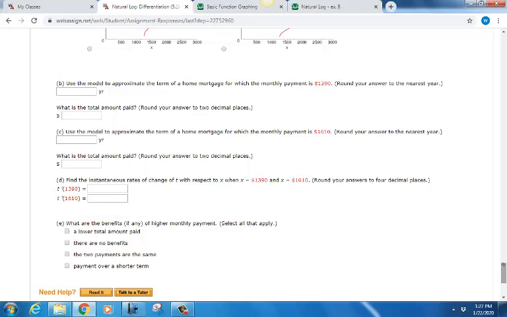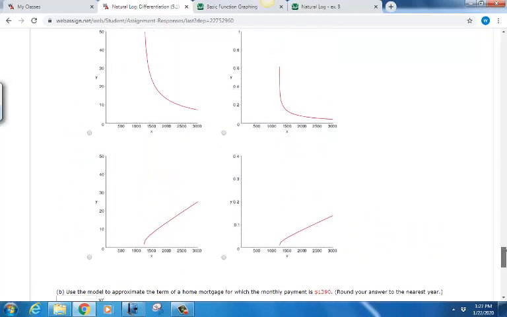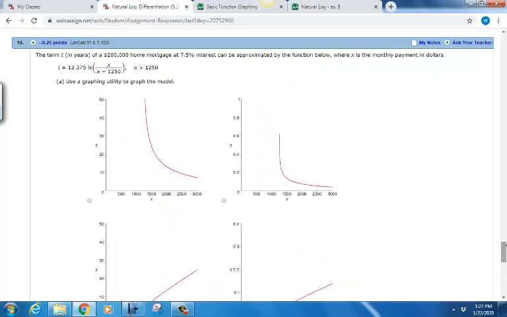That means you have to compute the derivative. If you're going to do this by hand, you'll have to compute the derivative of that original function, and then plug in 1390 and 1610 for x. I think you can compute that derivative, or you have the tools to compute it, because this derivative merely involves what?